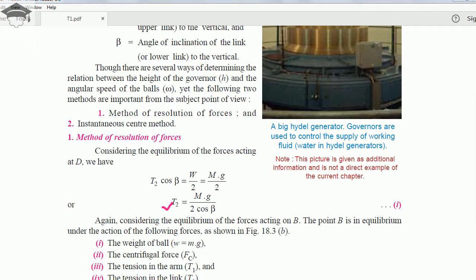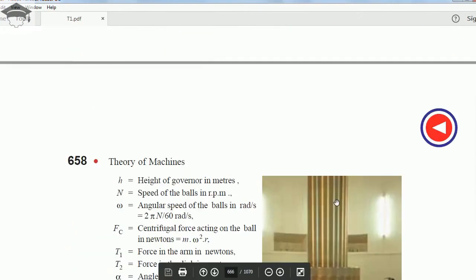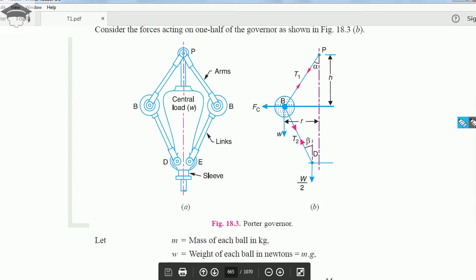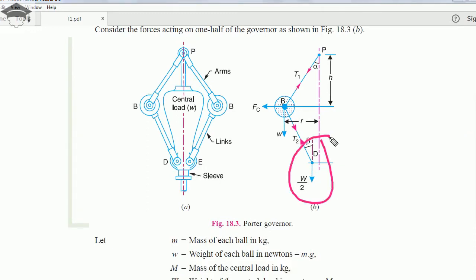Now we are considering this point, we have balanced in y direction at this point. Now we are balancing the y direction at point B. T1, because this angle is alpha, this angle will also be alpha, because alternate angles. So this component will be cos, so T1 cos alpha equal to W, and Fc is equal to T1 sin alpha.